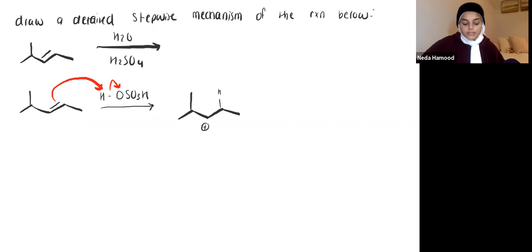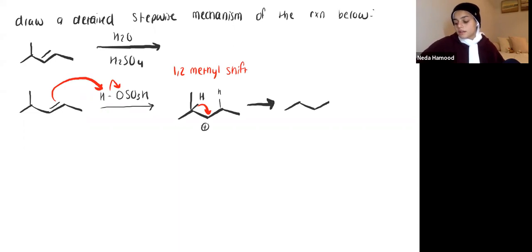Something that can happen here is a 1,2 methyl shift so that you can end up getting a methyl shift. I always like to write it at the top just to clarify what's happening because it can look a little bit messy, but now we have a tertiary carbocation, which is awesome for us.